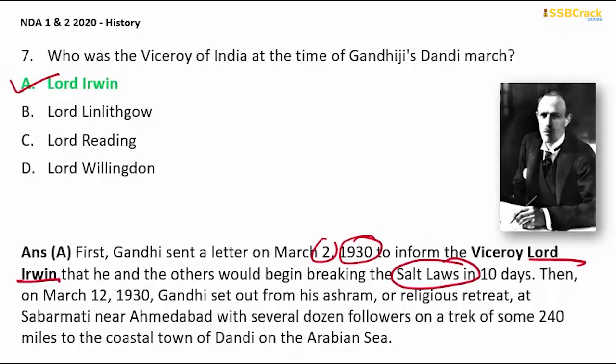And then on March 12, 1930, Gandhiji set out from the ashram at Sabarmati with several followers on a trek of some 240 miles, and he went for the Dandi March, right? So it was Lord Irwin. If you know the tenure of these viceroys, you can easily solve this question as well.